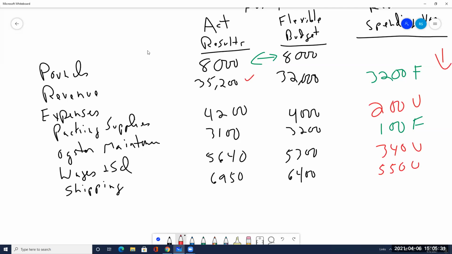And why was the revenue favorable? Because we had smaller orders, and on smaller orders, we charge more per pound. But that also meant that shipping costs went up because we had to put it in more boxes and we had more shipping, postage, whatever, because we had smaller orders. Okay. Might there be explanations like that? The answer is heck yes. Okay. And that's a lot of times what the boss is looking for.